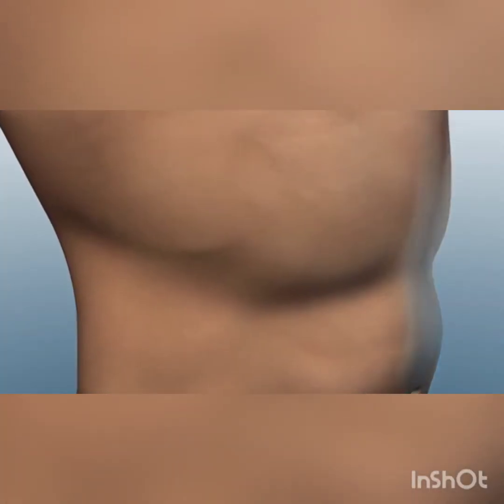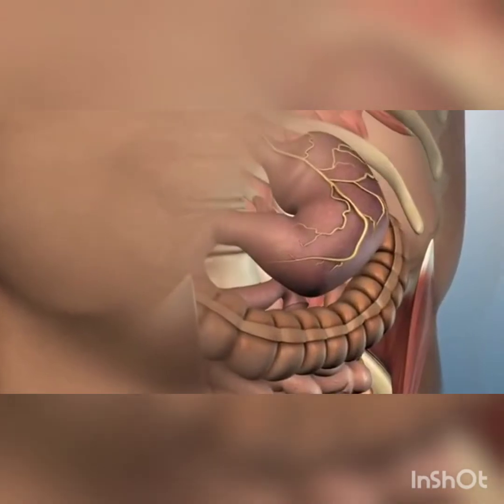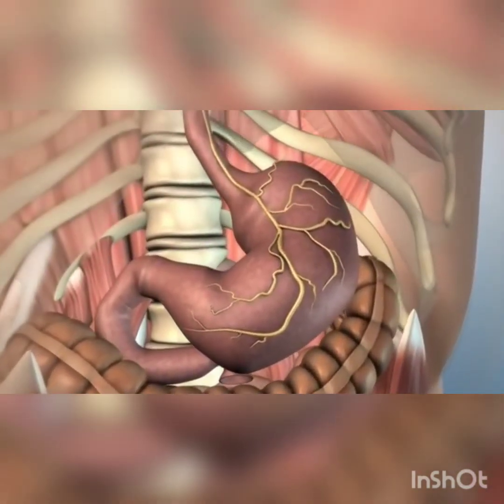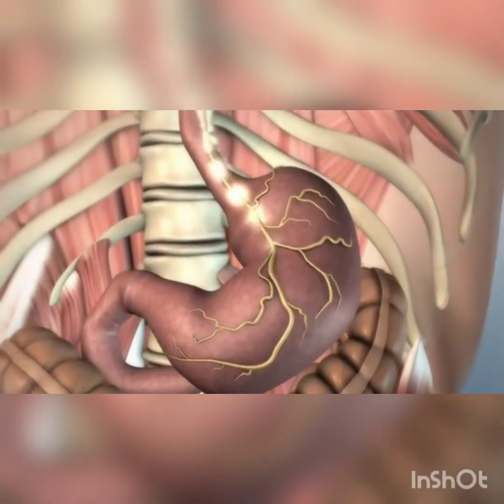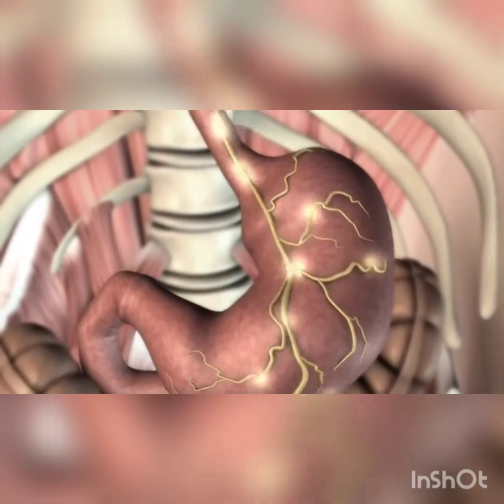Here we can see what exactly happens in our stomach when we eat. Even before we have taken the first bite of a meal, the brain sends impulses to the stomach.